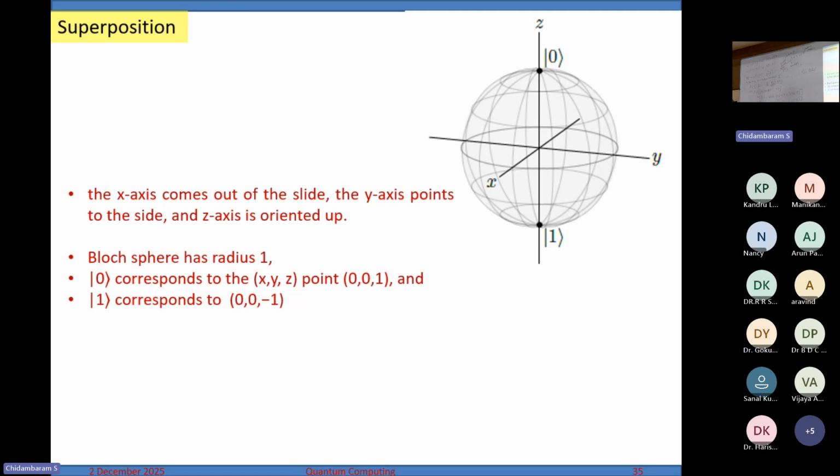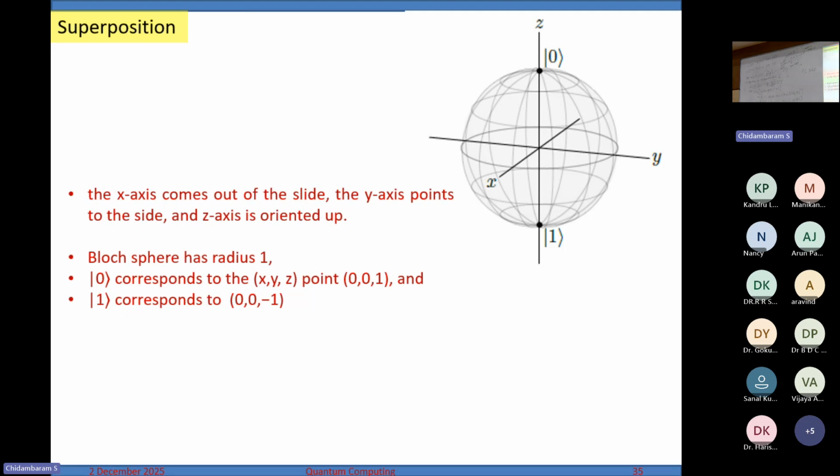So Z axis, X axis, and then Y axis. This is your Z axis, 0, 1. You have your X axis superposition. This is your imaginary Y, which is giving you the phase shift. I was talking about phase shift. So this is your X superposition.